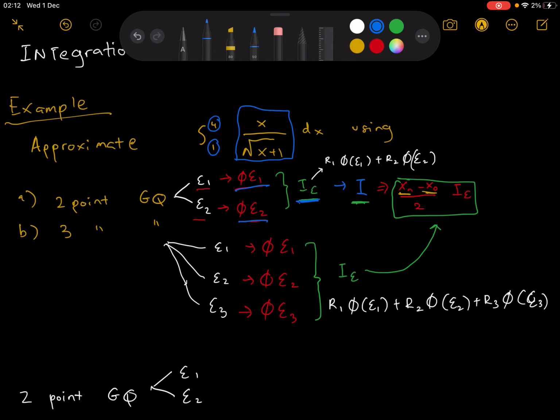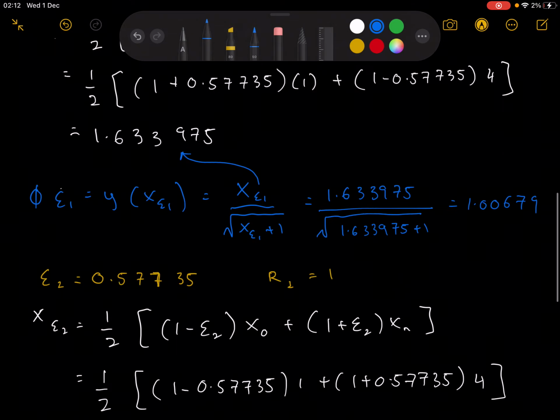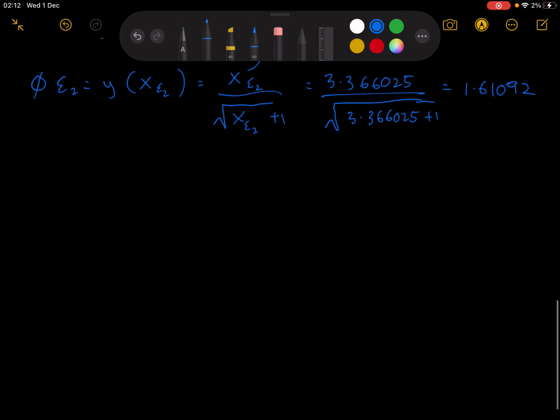Next, we need to determine the I zeta. So, I zeta, because 2 point, we know that it is equals to R1 phi zeta 1 plus R2 phi zeta 2.